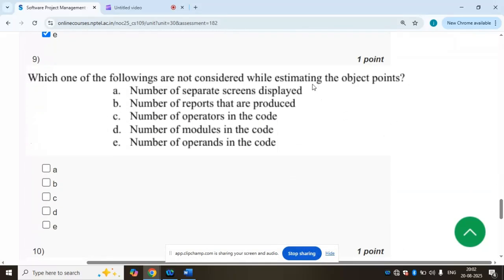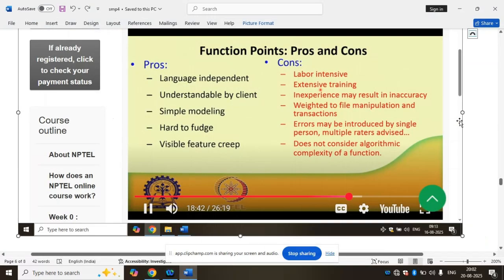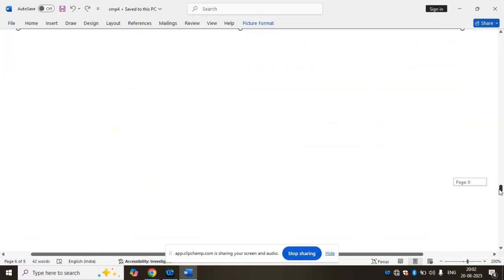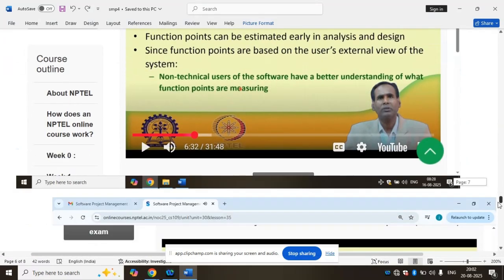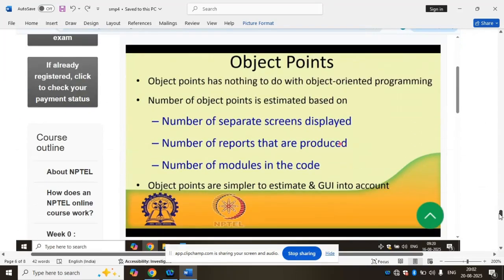Which one of the following are not considered while estimating the object points? So we'll see the ninth one. You can see object points. The number of object points is estimated based on separate screens displayed, reports that are produced, and modules in the code.